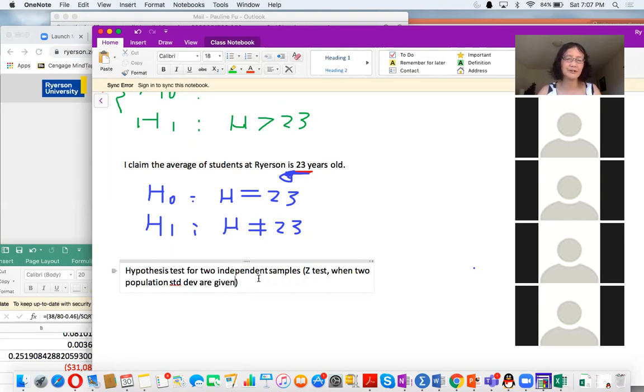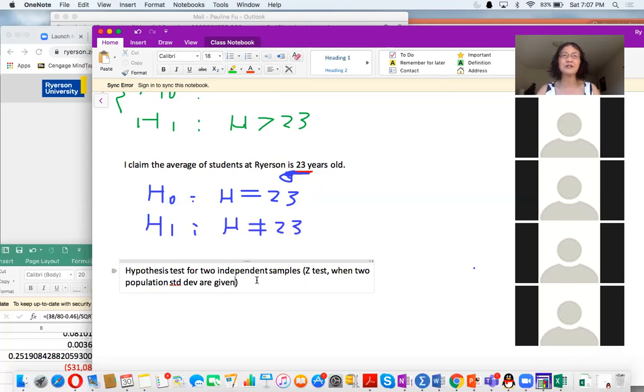For example, Ryerson University is population 1, University of Toronto is population 2. You want to compare the average student age at Ryerson with the average student age at U of T. You are comparing 2 population means. We assume a student is at either Ryerson or University of Toronto; you cannot be both.